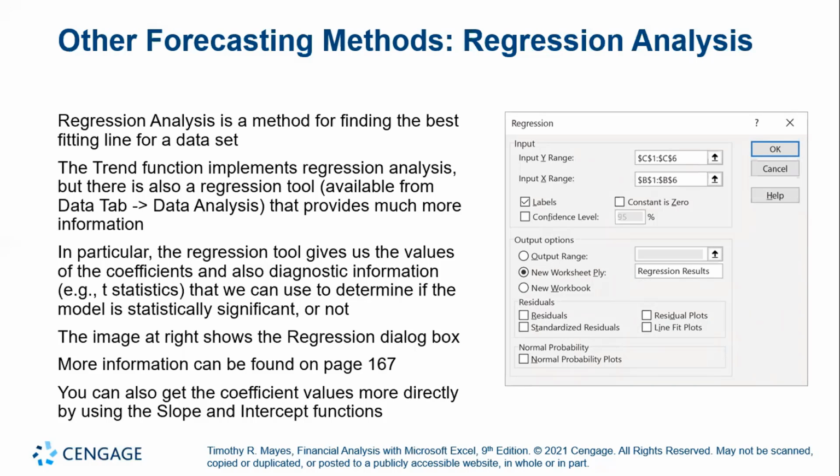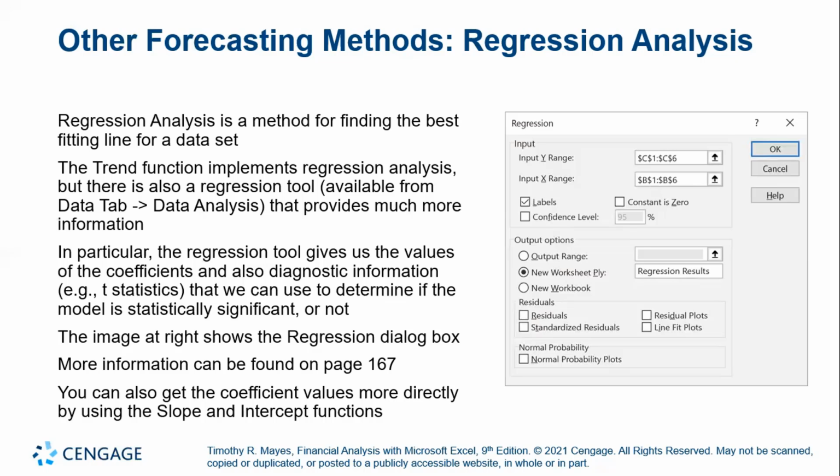Other forecasting methods. Regression analysis. Regression analysis is a method for finding the best fitting line for a dataset. The trend function implements regression analysis, but there is also a regression tool available from the Data tab, Data Analysis, that predicts much more information.